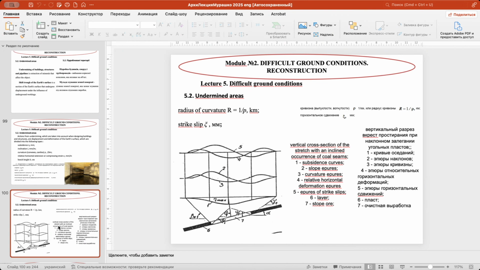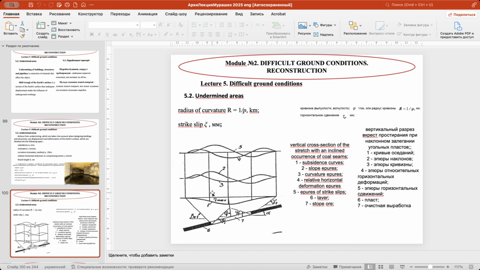So, here are the main parameters which describe the undermined areas. It's like subsidence curves. We have this situation with the emptiness underground, and that emptiness leads to such kind of curves.